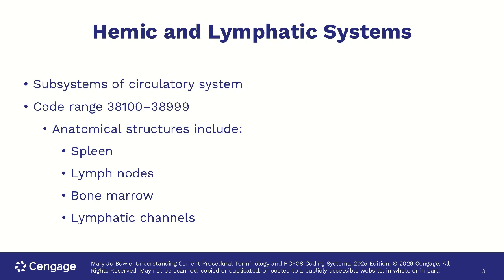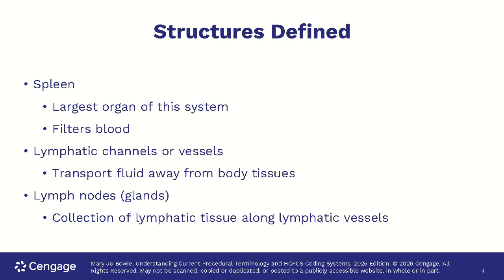All right, so these are the applicable subsections in this area as well. Oh, I just talked about that. All right, so lymphatic channels or vessels, these guys transport fluid away from the tissues of the body and toward the thoracic cavity.